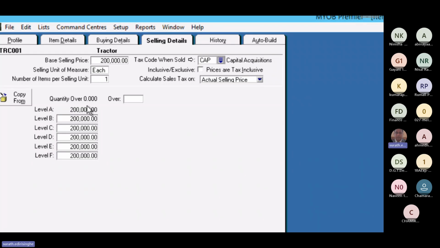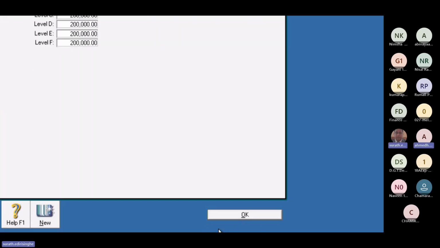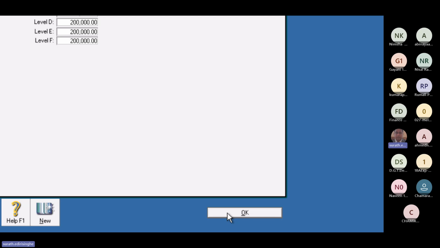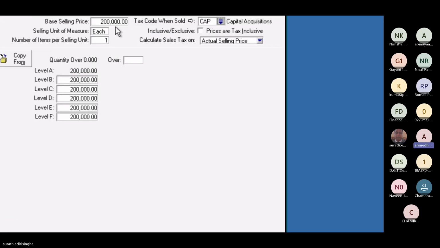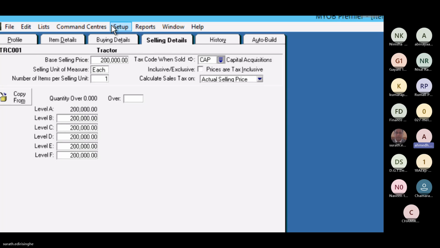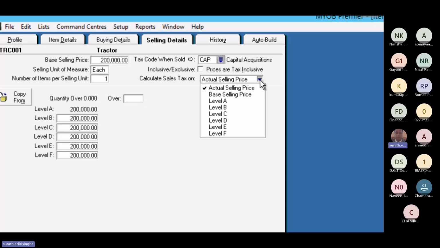Right. Then setting on the inventory detail. Excuse me, sir. Hello. Calculating sales tax: is it on base selling price or actual selling price? You decide. Actually, here I decided sales tax calculation on actual selling price. Sometimes base selling price. This part depends on the company practice.